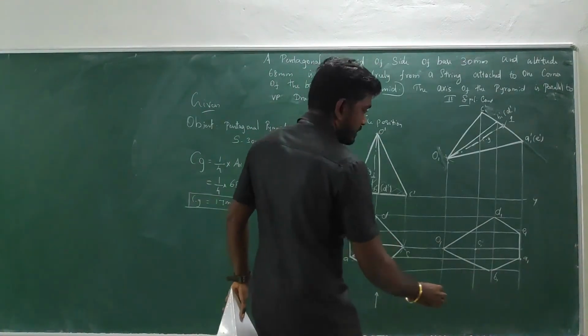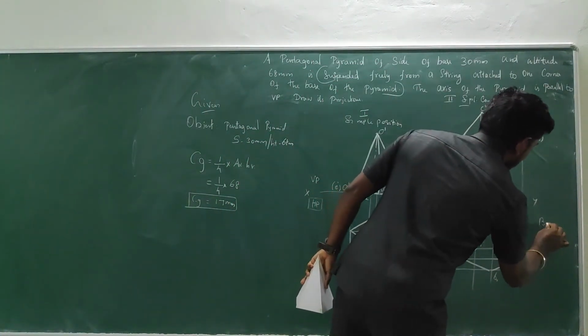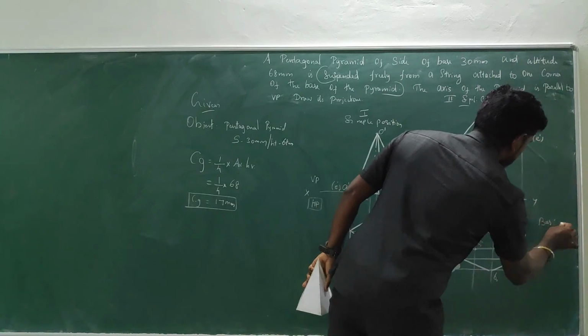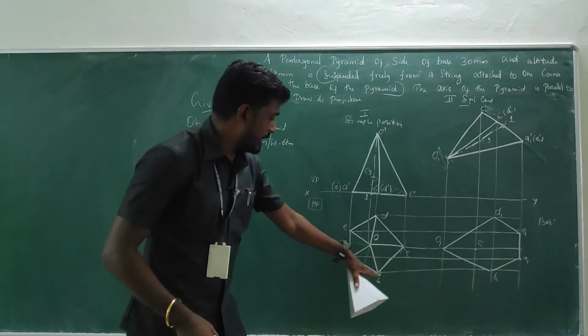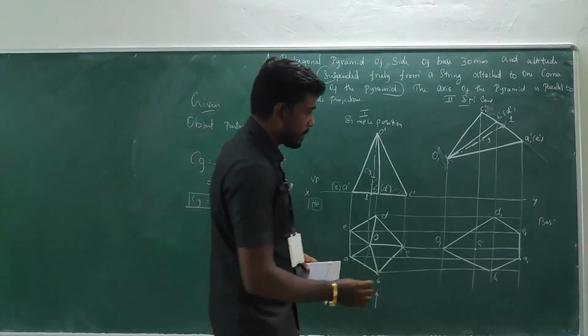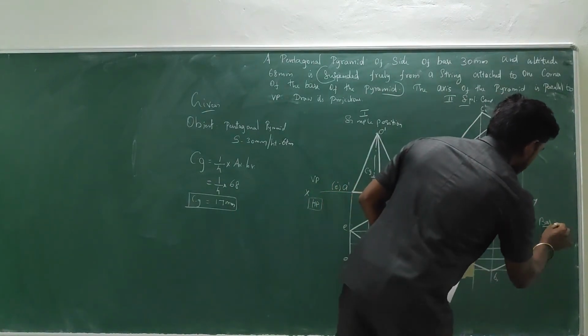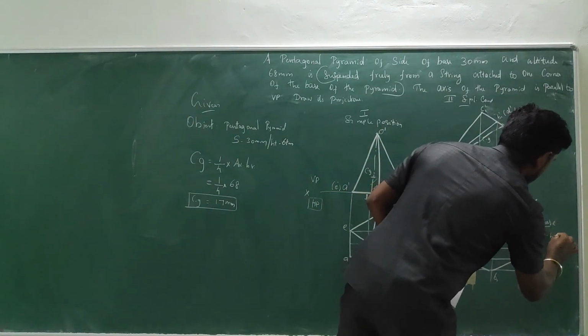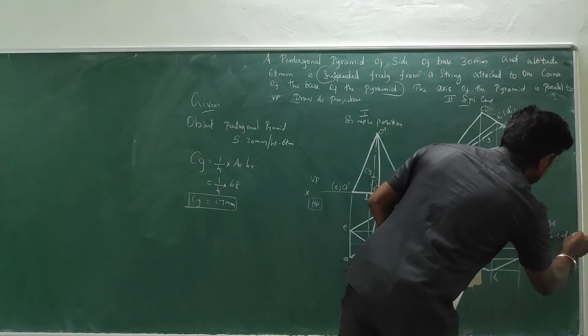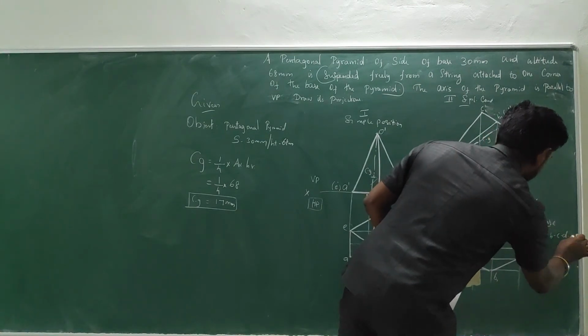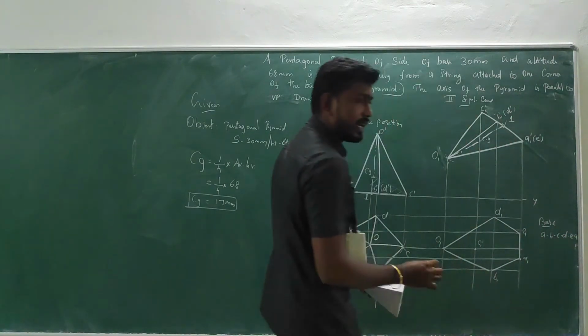If you see the base, there is a connection between A to B, B to C, C to D and what? E and E. Right?